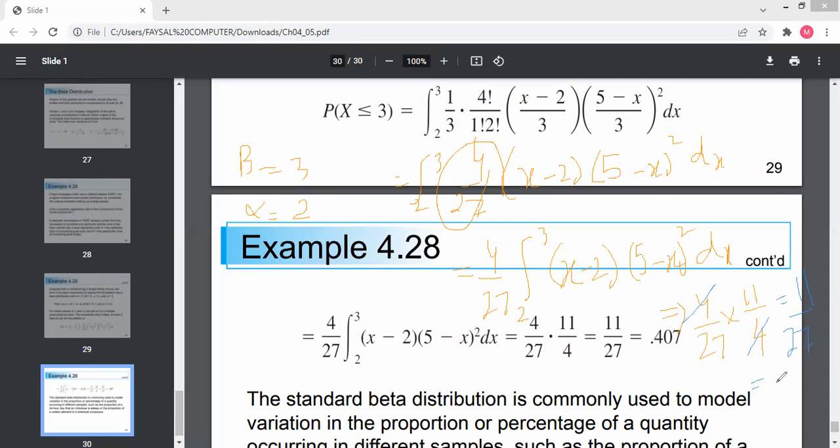11 upon 27 is 0.407. So this is the probability of x when x is less than or equal to 3.